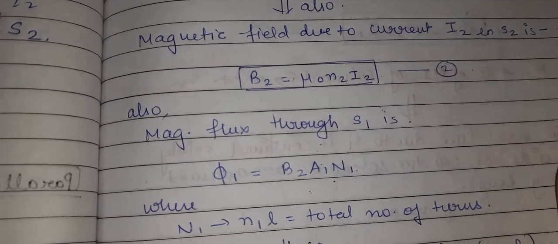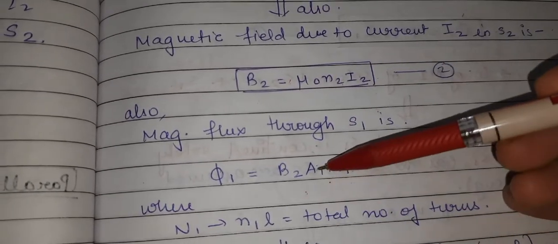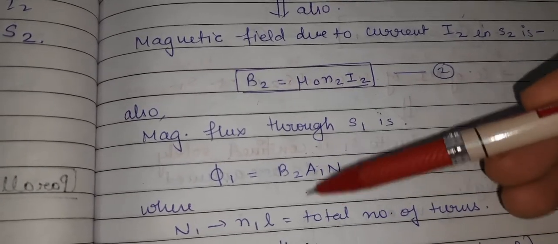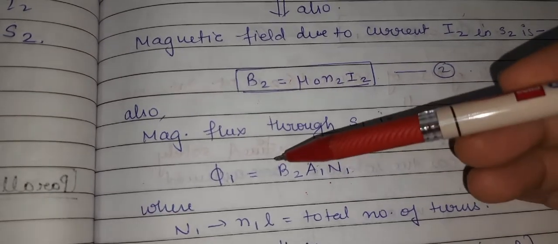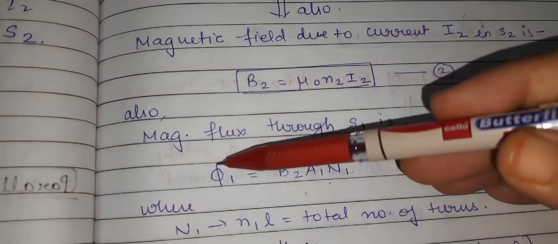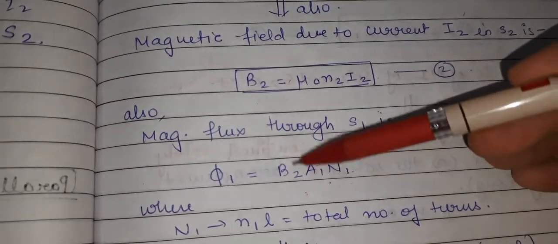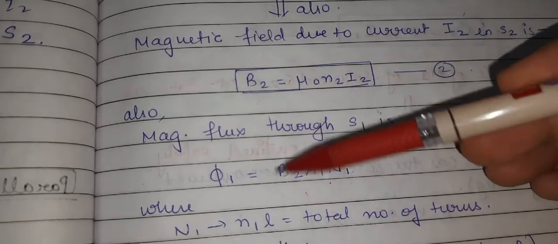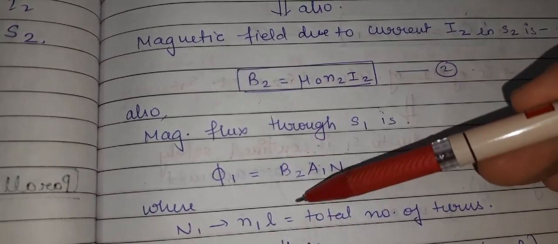Since we are talking about the first solenoid, the number of turns and the area of the turn we will also take from the first solenoid. And why have we taken B2? Because the flux which is produced in the first solenoid is because of the magnetic field coming from the second solenoid. That is why we are taking B2 here.